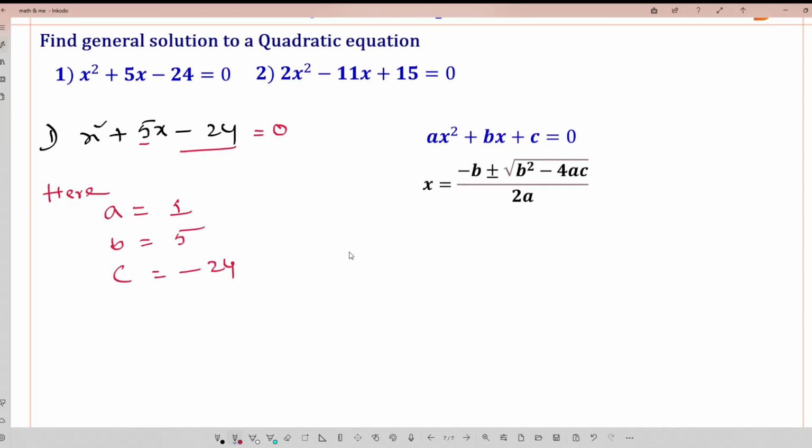So we put the values here. Look, here is minus b.